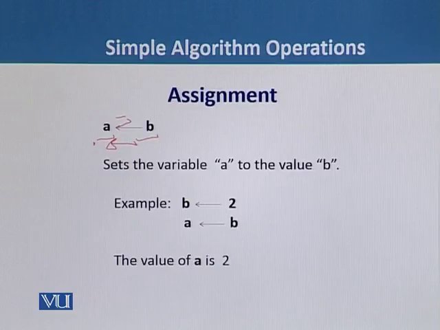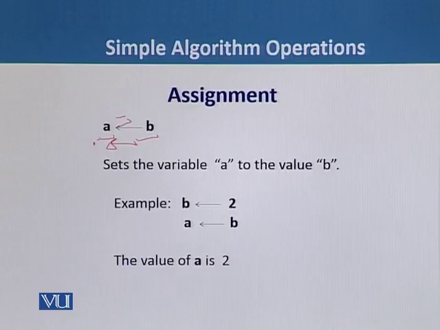This arrow can be assumed as equal to in mathematics, but generally in computer languages we do not use this equal to, but we use the left arrow. So A left arrow B means that the variable A is set to the value of B.